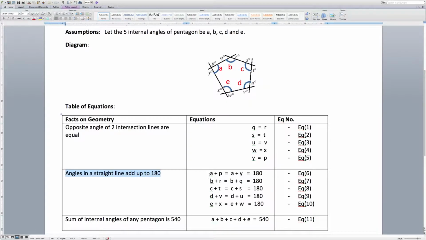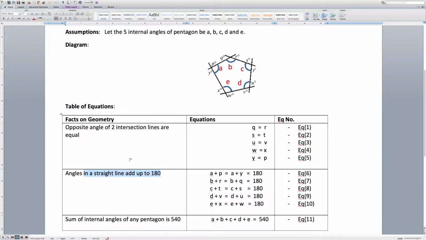So A plus P is equal to 180 degrees. Not just A plus P, but even if you look at this particular straight line, angle A and angle Y together make a straight line, which gives you 180 degrees. All the equations that you're deriving are marked. So this is equation 1, 2, 3, 4. You're highlighting all your equations with a number. Using this particular law, you get all these equations.